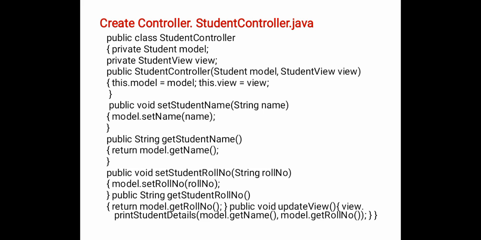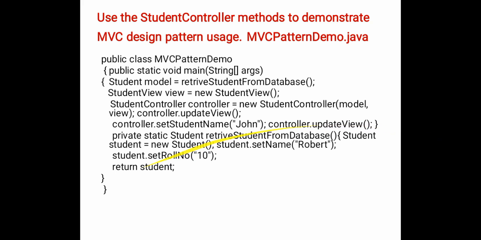And similarly there is a method update view. With the help of the view object we are calling print student details for displaying the values, calling the methods get name and get roll number.